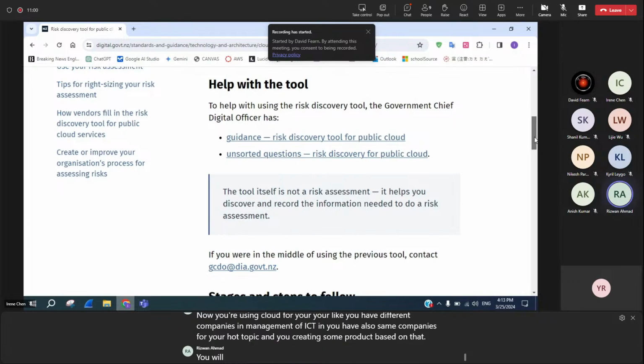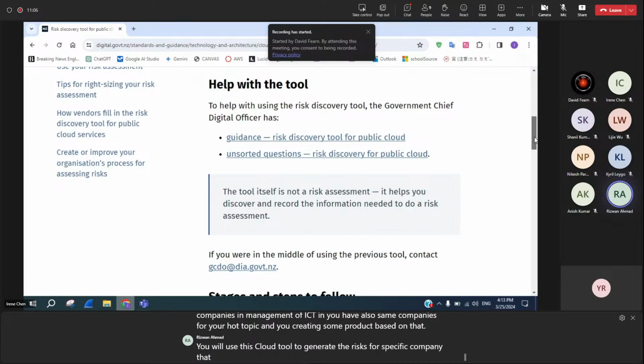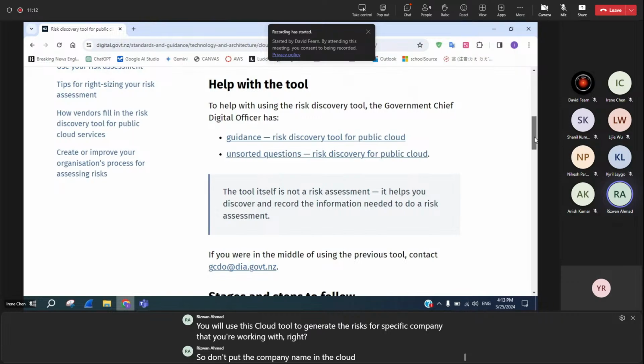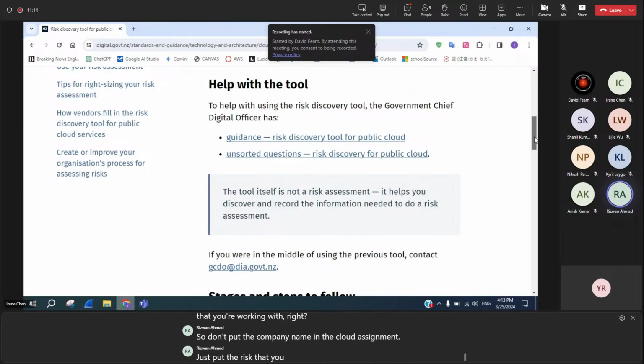You will use this cloud tool to generate the risks for the specific company that you're working with, right? So don't put the company name in the cloud assignment, just put the risk that you think could be most appropriate. So when you open the sheet, you can always enter the data in there.